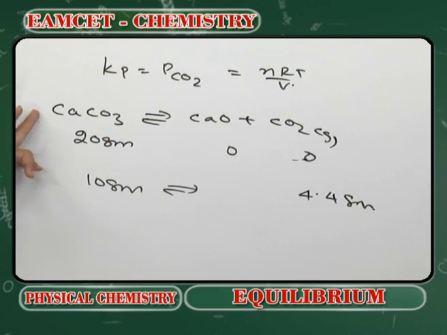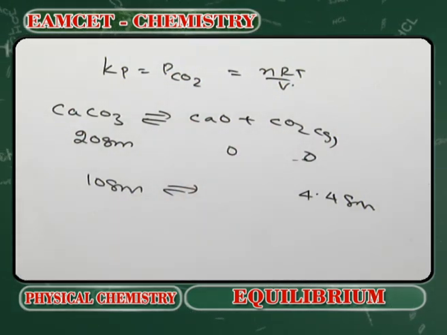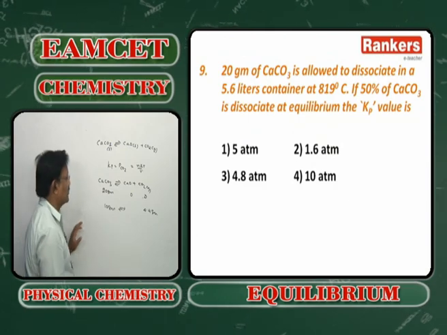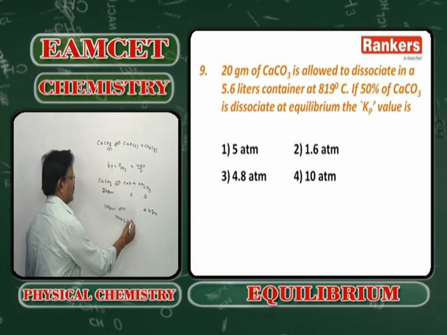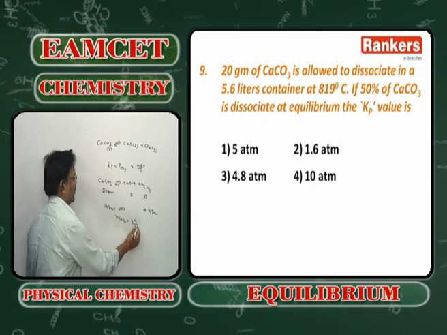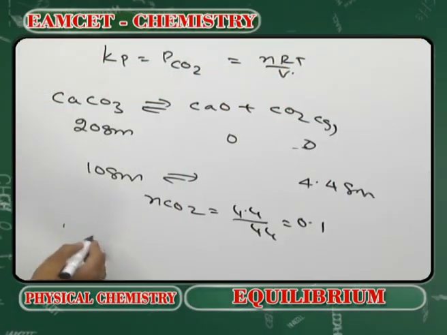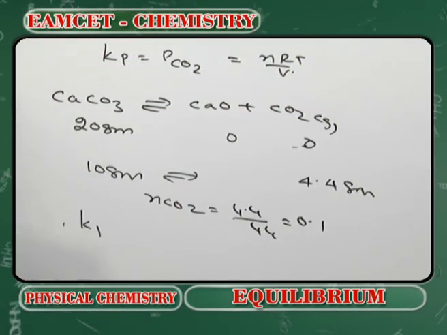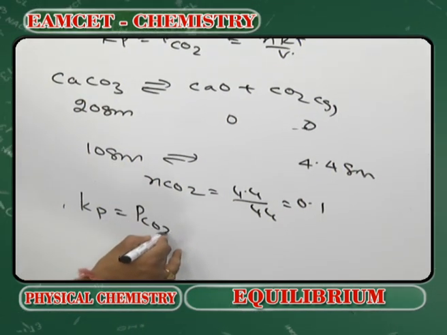When 10 grams of CaCO3 dissociates, we will get 4.4 grams of CO2. Number of moles of CO2 is 4.4 by 44, that is 0.1.